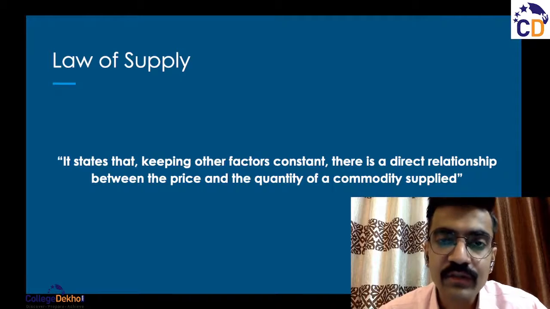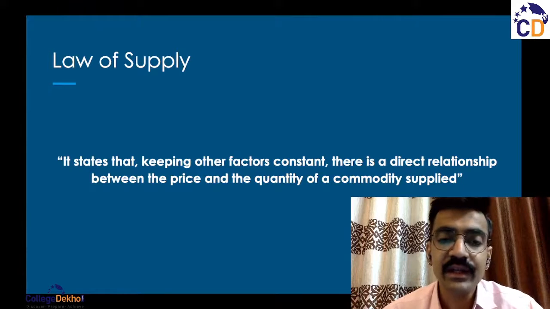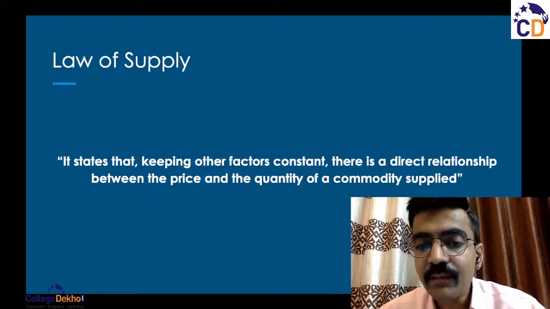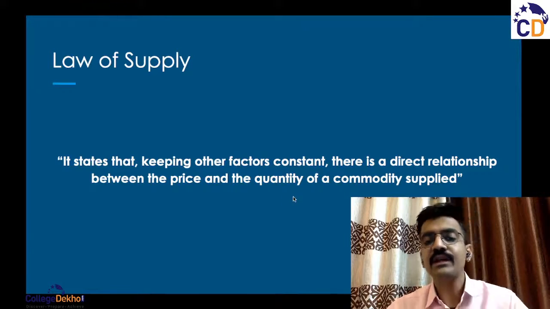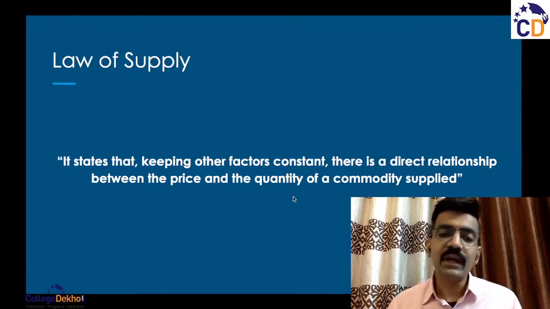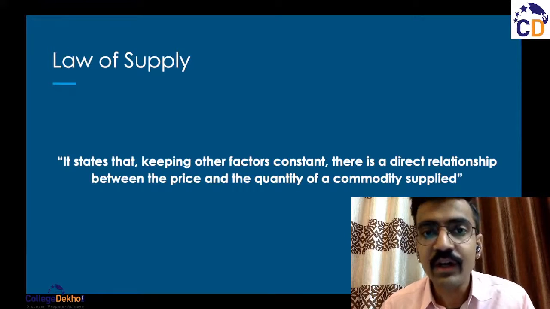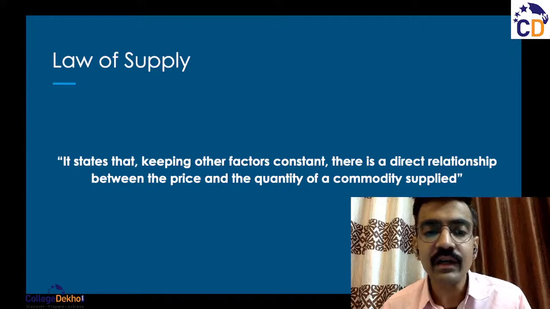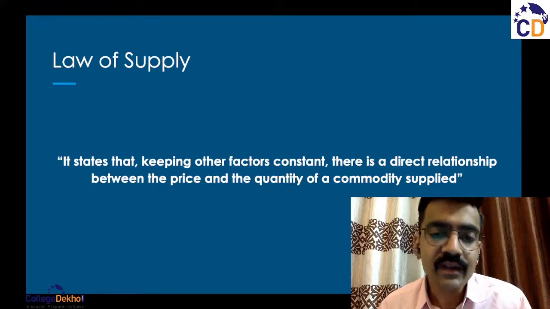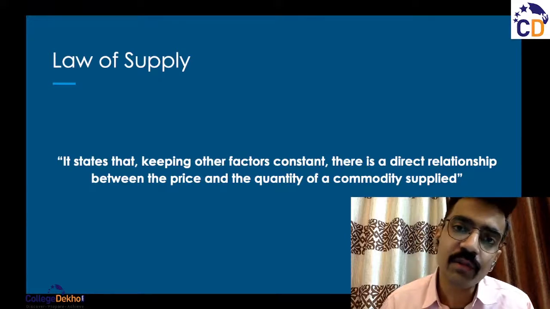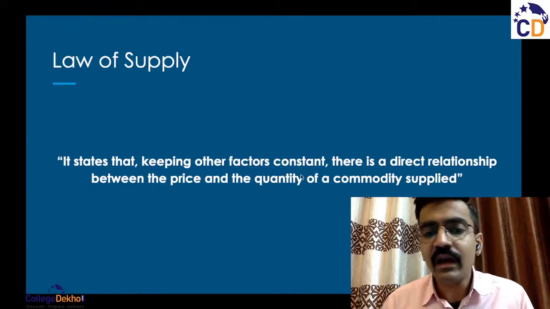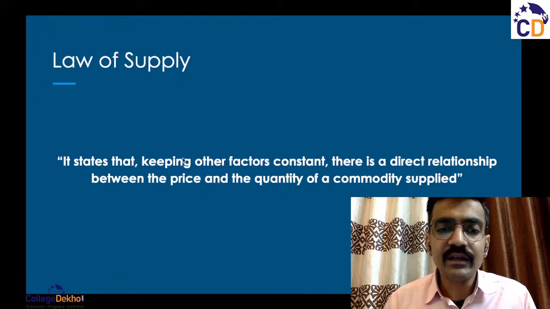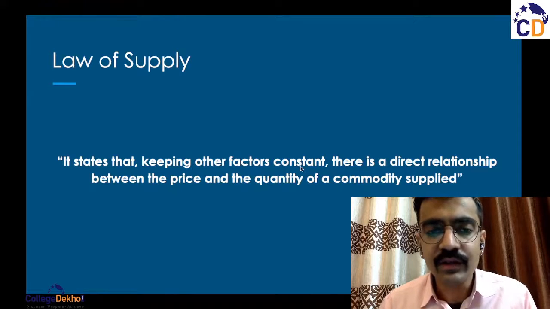This shortage will ultimately come to a level where the prices of the commodity have again risen, right? There is a rise in the prices again because there is a shortage of the commodity. All right, so there is a direct relationship between the price and the quantity of a commodity supplied, but given that the other factors remain constant.